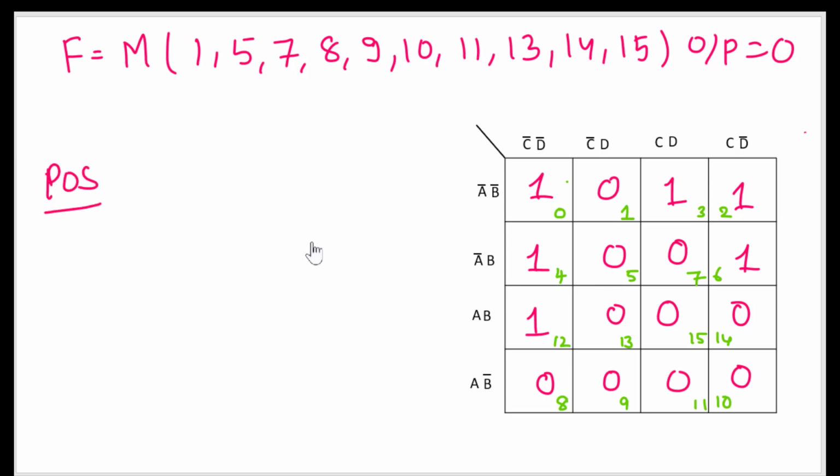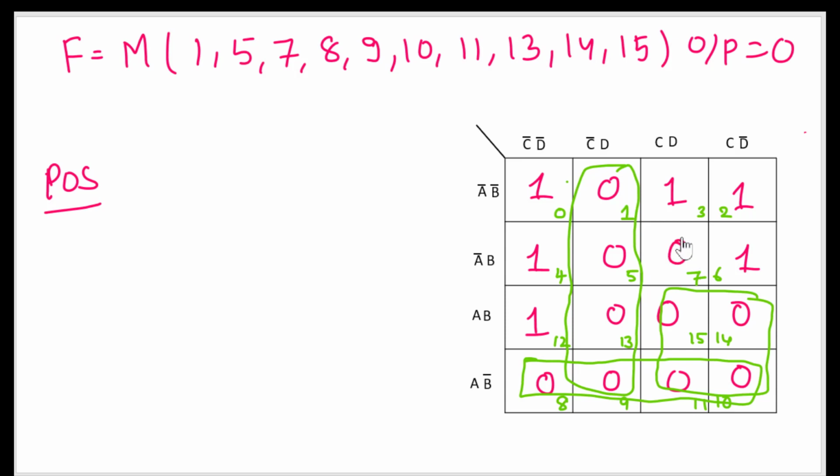For a POS form, you have to look for the largest groups of zeros. So you can form one quad using these 4 zeros, and another quad with these 4 zeros, and another quad with these 4 zeros, and you can form one more. Even though there is a single zero, instead of taking a single zero, take one more quad. So you're going to have a total of 1, 2, 3, 4 quads.